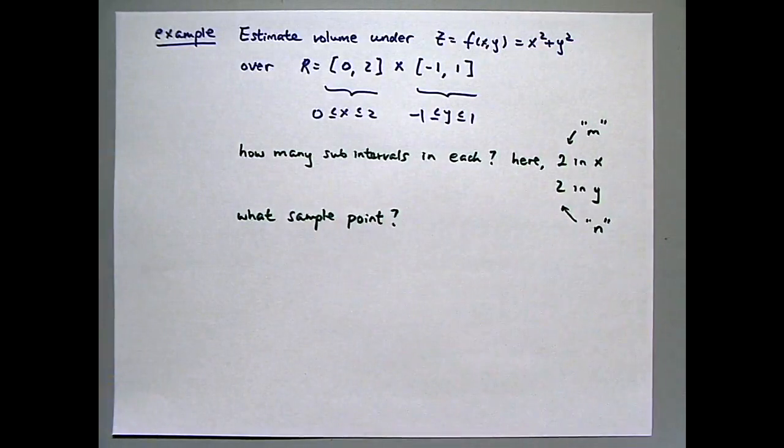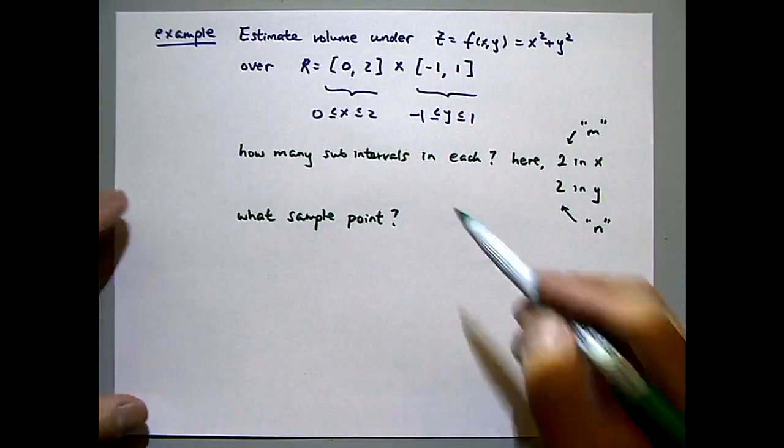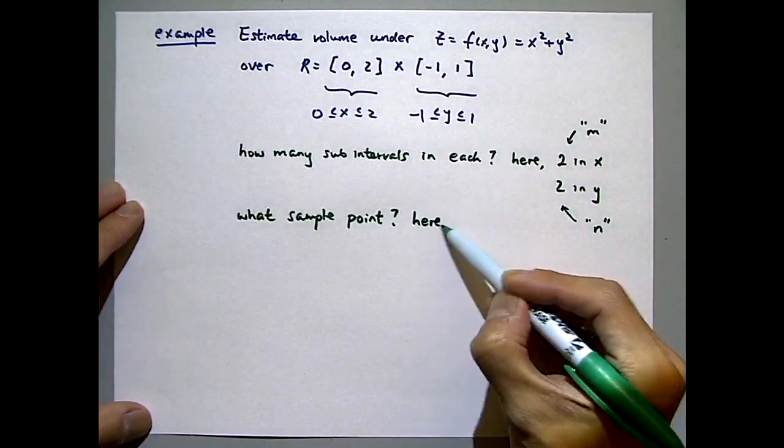And then you have another choice. What sample point to use? And here you make a decision, you stick with it for all the little sub-rectangles. Yep. And again, I'll make it simple here. I'm going to use the upper right. That's a choice.